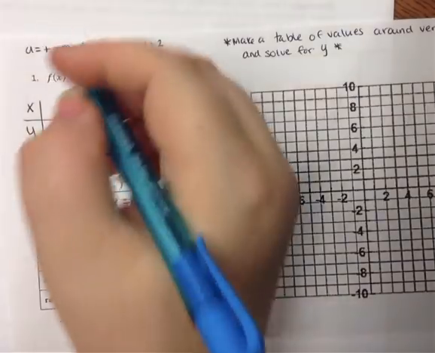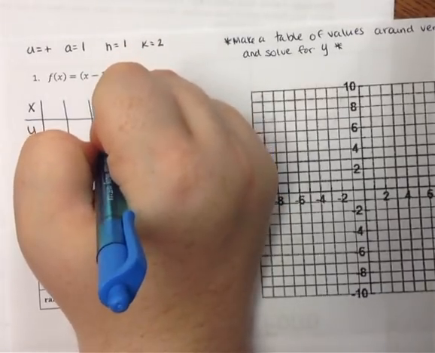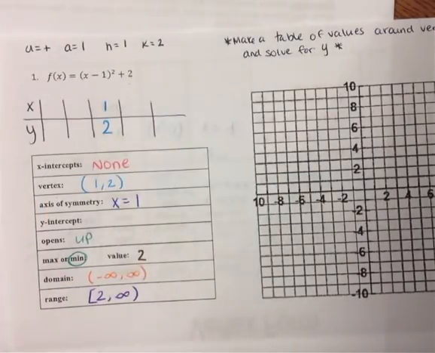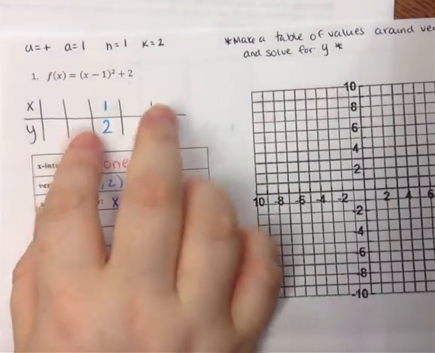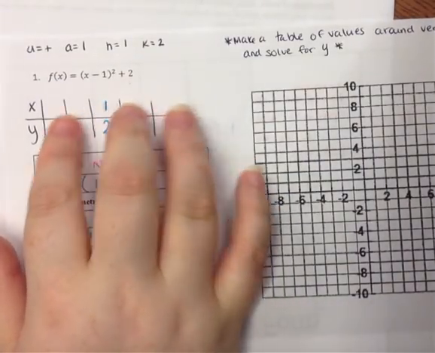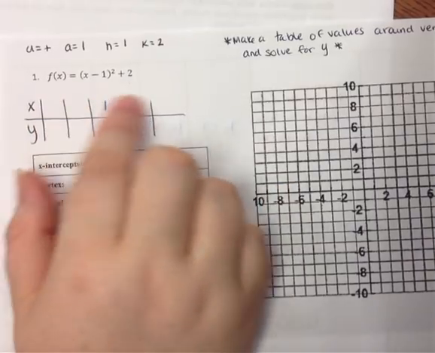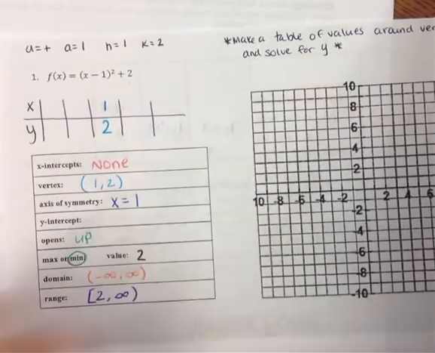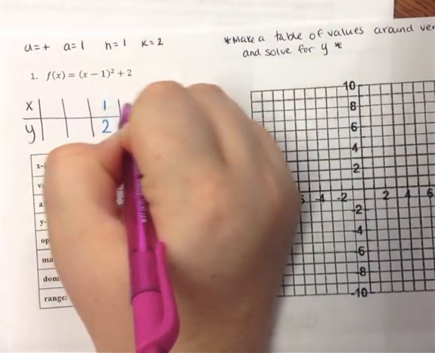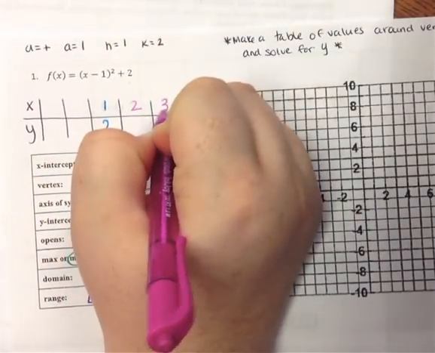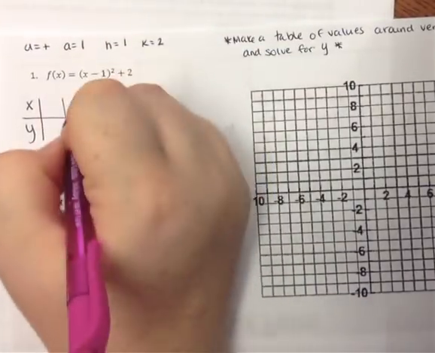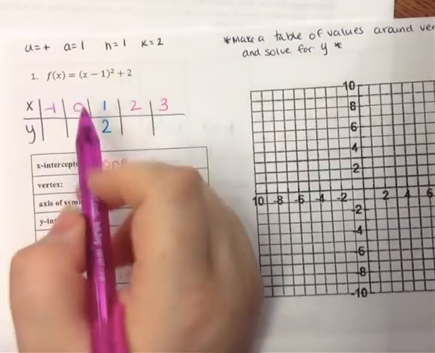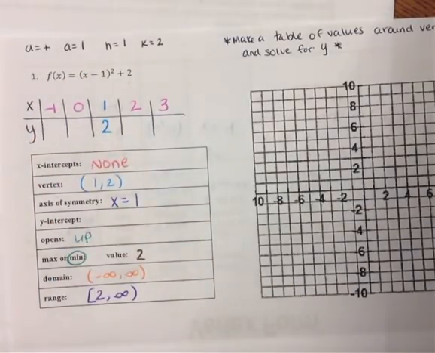So I'm going to put my 1, 2 here for my vertex. Now beside my vertex, I'm going to write more coordinates using the x values. To the right of 1 is 2 and then 3. And to the left of 1 is 0 and then negative 1. This is going off of a number line.